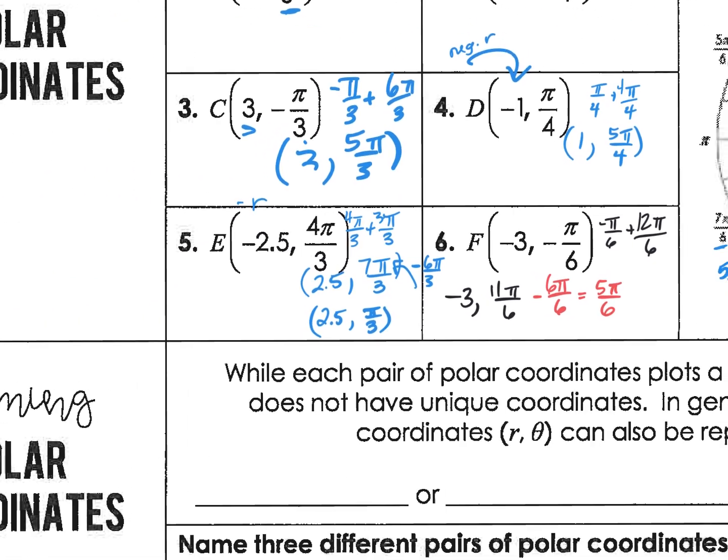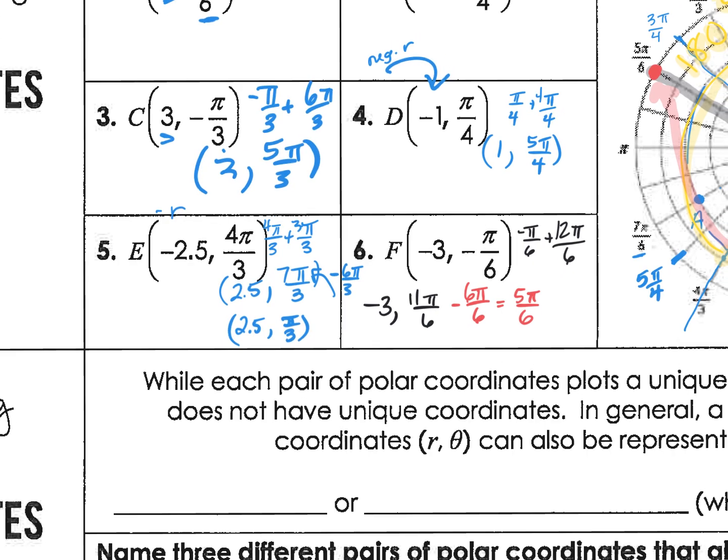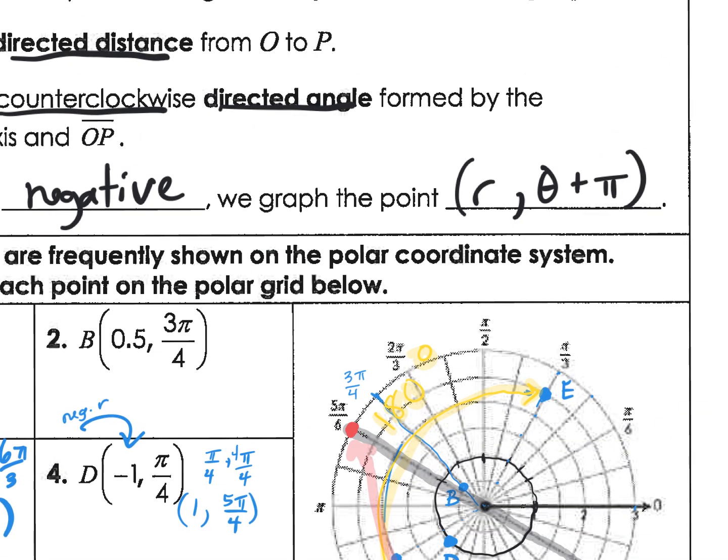So another way to think about it is if you were adding pi and it was going to make it too big, you could always subtract pi instead, which would have taken us straight to here and you wouldn't have had to mess with all this. So you can either add pi or do theta minus pi, because it's 180 either way, isn't it?